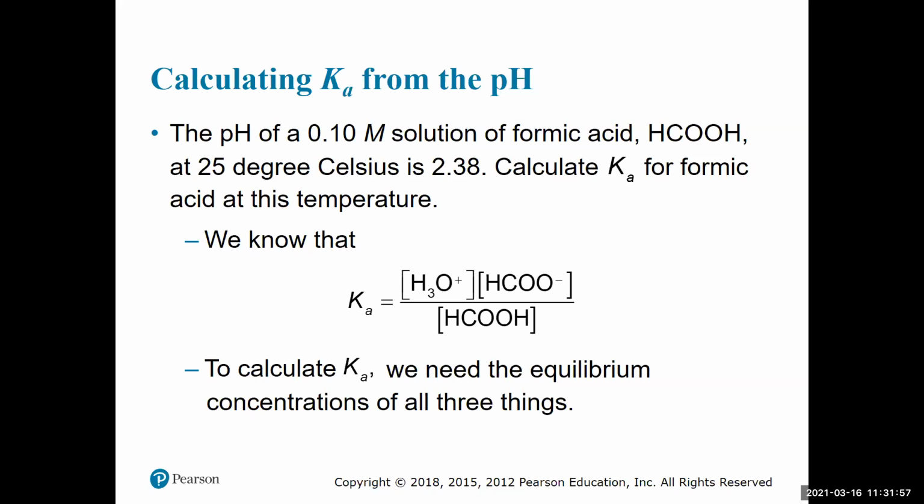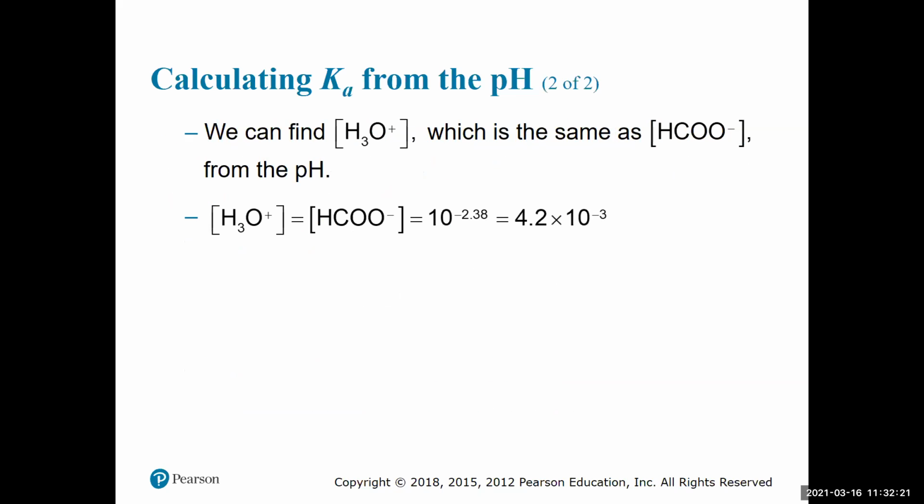And we know from our stoichiometry that the hydrogen ion concentration is going to be the same as the formate concentration. So once we get that hydrogen ion concentration in molarity units, because right now it's not in molarity, then we can have the HCO minus, and then we can also use what our starting concentration of the formic was versus what it changes to help as well. So let's go ahead and do that.